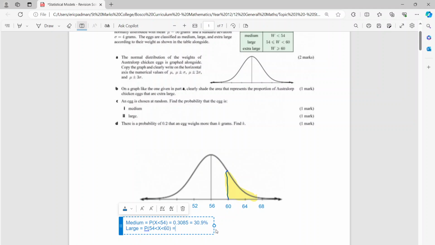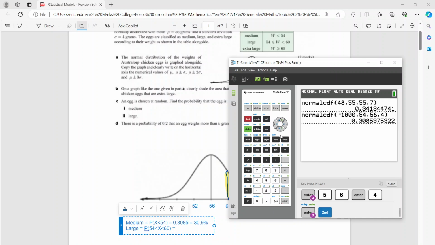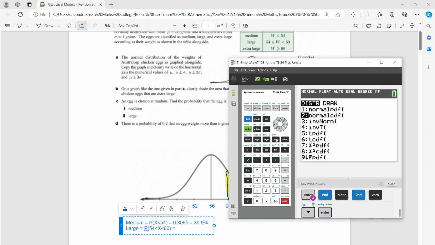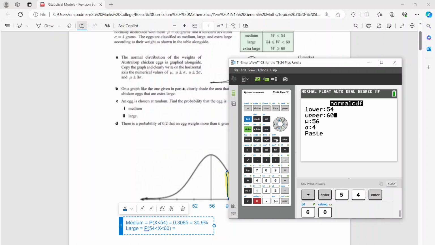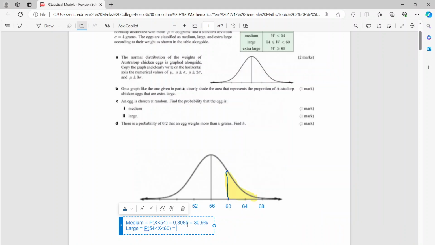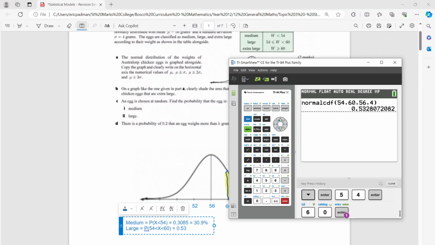Let's just do that calculation with normal CDF, 54 and 60. Okay, the rest of that. 53.3%. Copy that out.